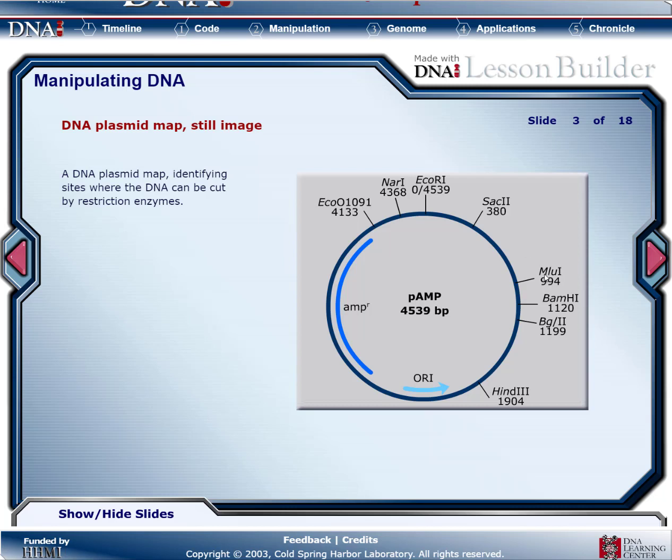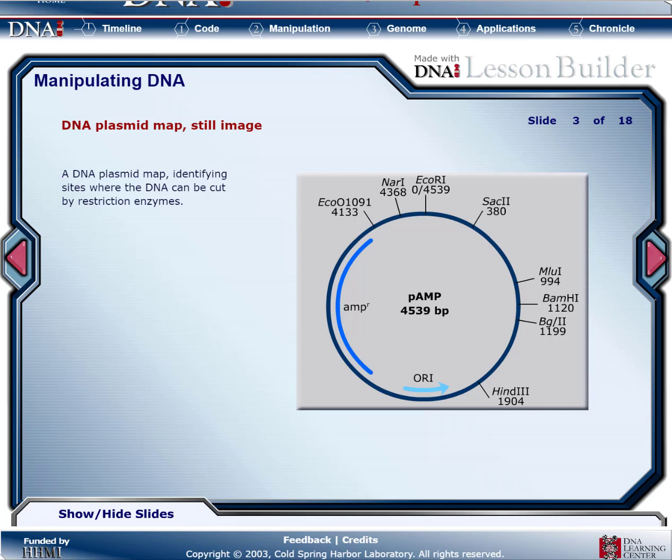SacII, it looks like MluI, BamHI, BglII, or I'm not sure exactly how they're referring to them, but these are the different sites. So these are the restriction enzymes where my mouse is, and where the line is, that's basically where they're going to cut. This is a DNA plasmid map, identifying sites where the DNA can be cut by restriction enzymes.